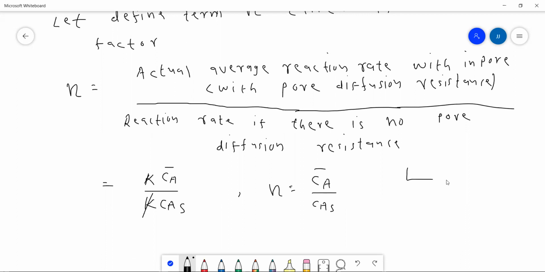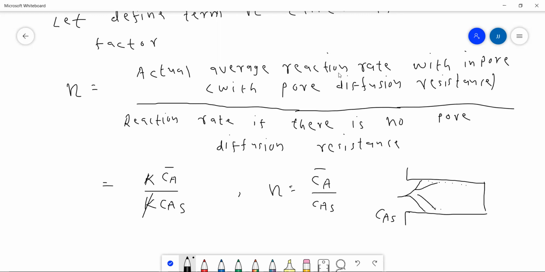Now, for example, let's say this is your pore, and the concentration at the surface is CAS, right? Due to diffusion, the concentration changes along the length of the pore. And the reaction rate at different locations inside the pore is different.